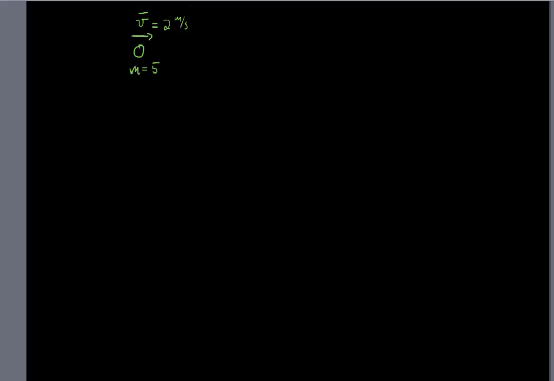And let's say its position was 1. And then we have a second mass. So this is 1, this is 2. Mass of 3, its position is 5, and it has a velocity of, let's just say, 4 meters per second, moving this way.